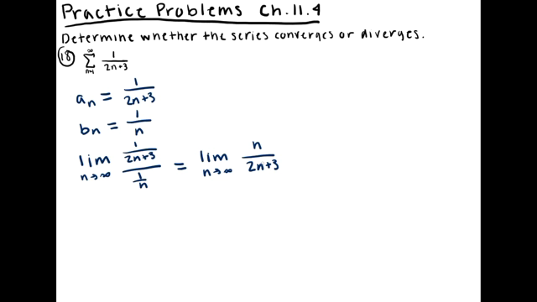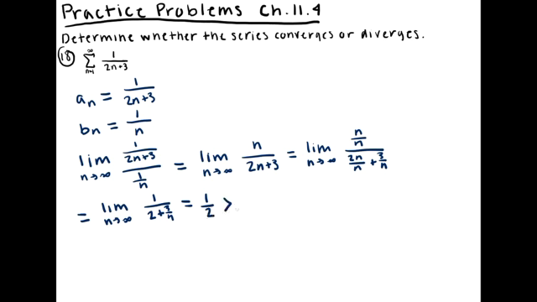And since the power in your denominator is the same as the power in your numerator, you can divide by the largest power in the denominator, n. So it becomes the limit as n goes to infinity of n over n, over 2n over n plus 3 over n. And that will equal the limit as n goes to infinity of 1 over 2 plus 3 over n, and that will equal 1/2.